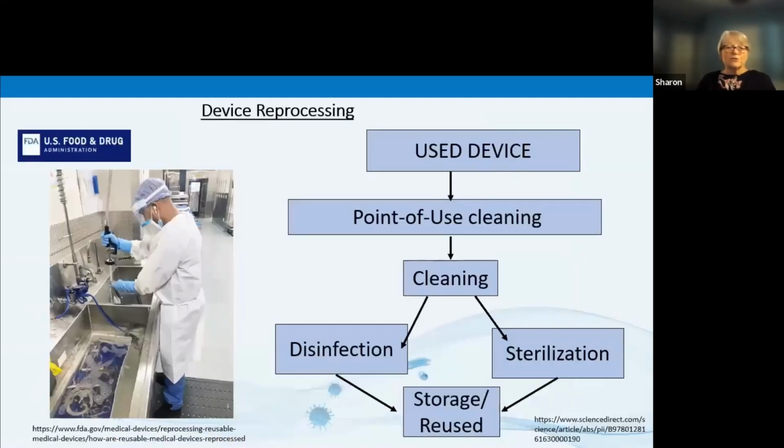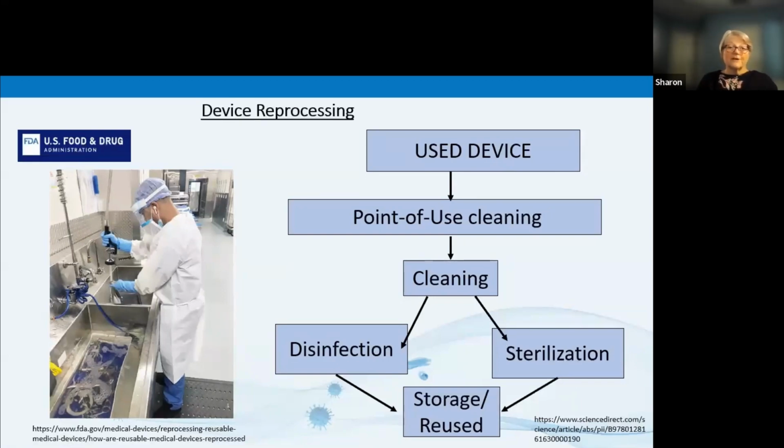Now, the US Food and Drug Administration, the FDA, defines a medical device as any instrument, apparatus, implement, machine, appliance, or implant intended by the manufacturer to be used for a medical purpose. And the FDA is responsible for regulating the safety and effectiveness of medical devices.